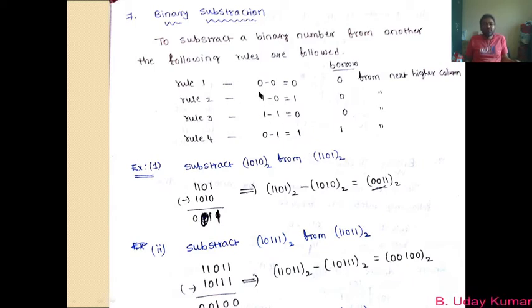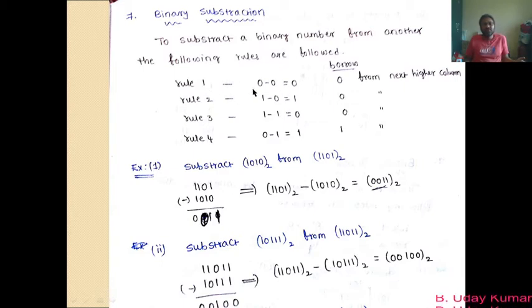You know what a binary number is, right? A binary number belongs to the binary number system, and in this system there are only two basic symbols, two digits. Either it can have 0 or 1. You already know these things.